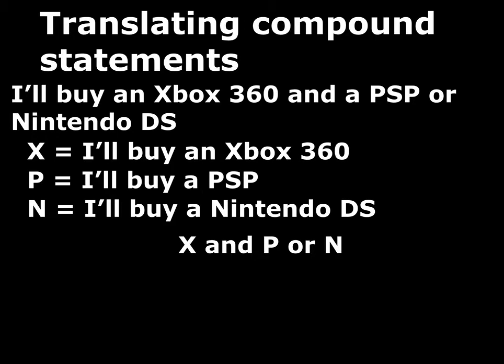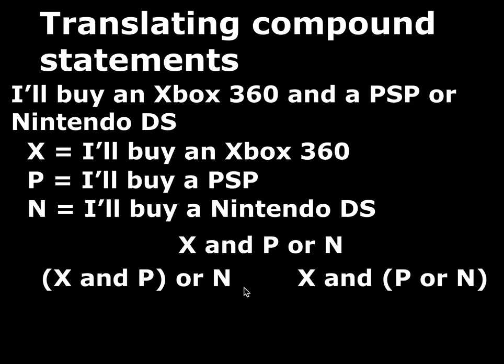We don't know if the conjunction or the disjunction is the main operator, right? It could be that the disjunction is the main operator. The first disjunct is the conjunction X and P. The second disjunct is just the atomic statement N. The other possibility is like before, the conjunction is the main operator. First conjunct is X, second conjunct is P or N.